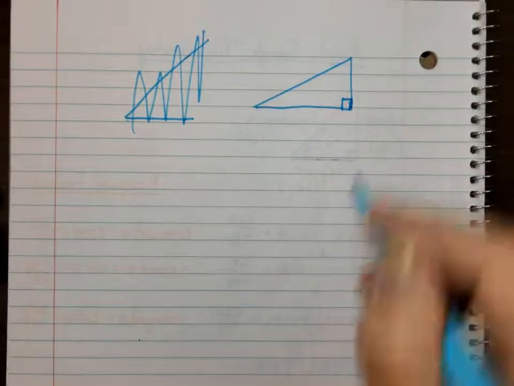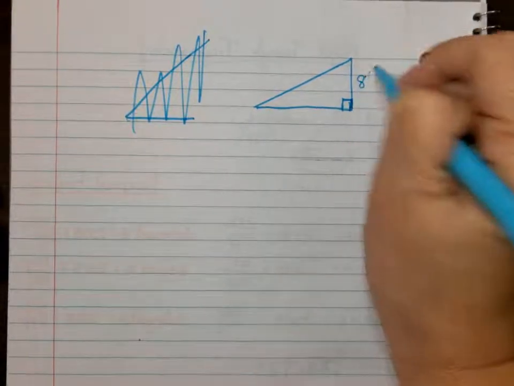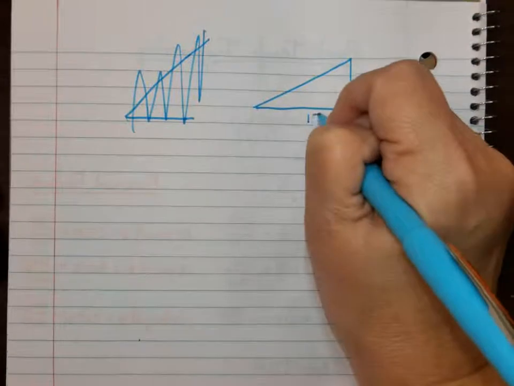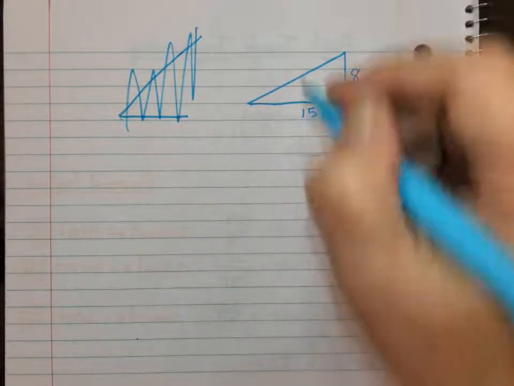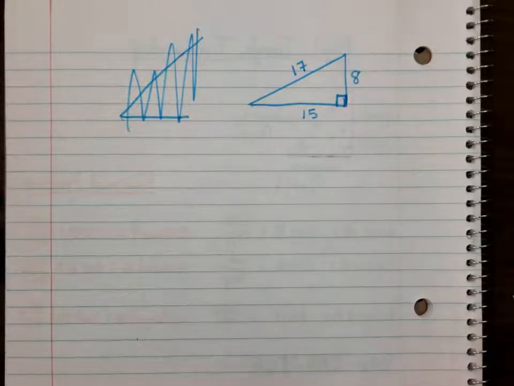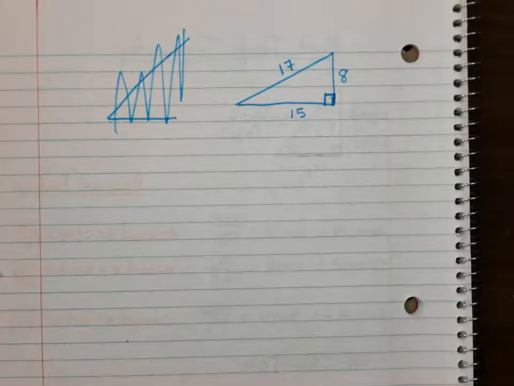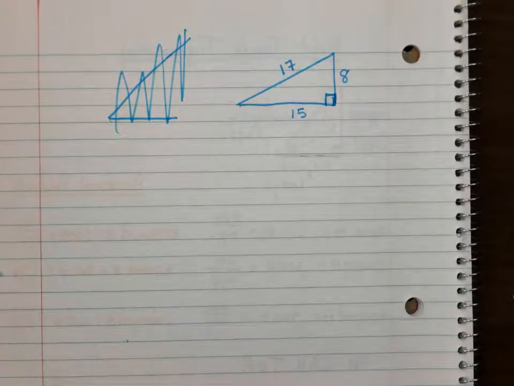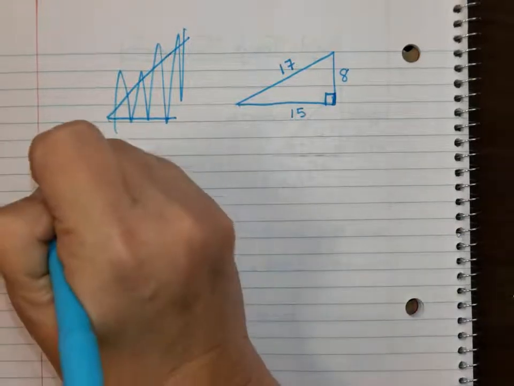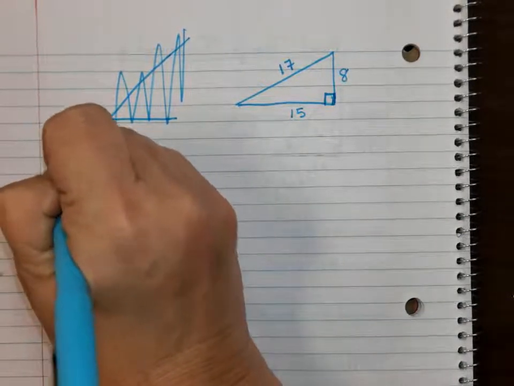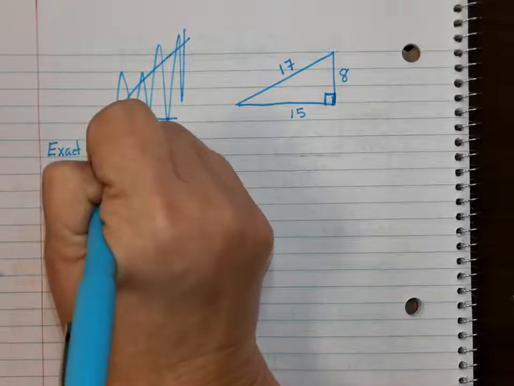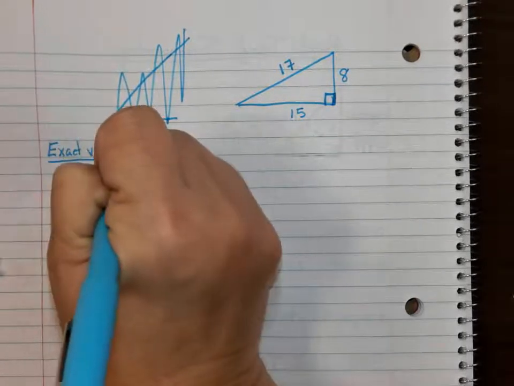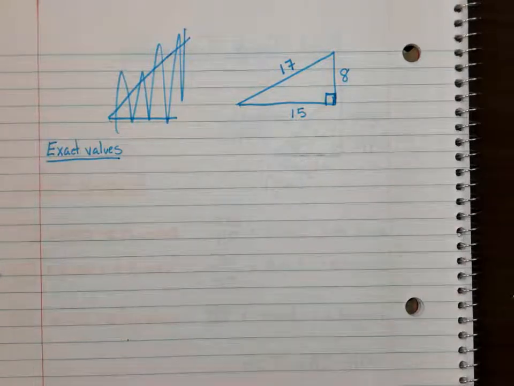And I say it looks more like that because this side is 8, and this side is 15, and so the way I was drawing it before was not going to look right. And this side is 17. And we want to give the exact values for all 6 trig functions.